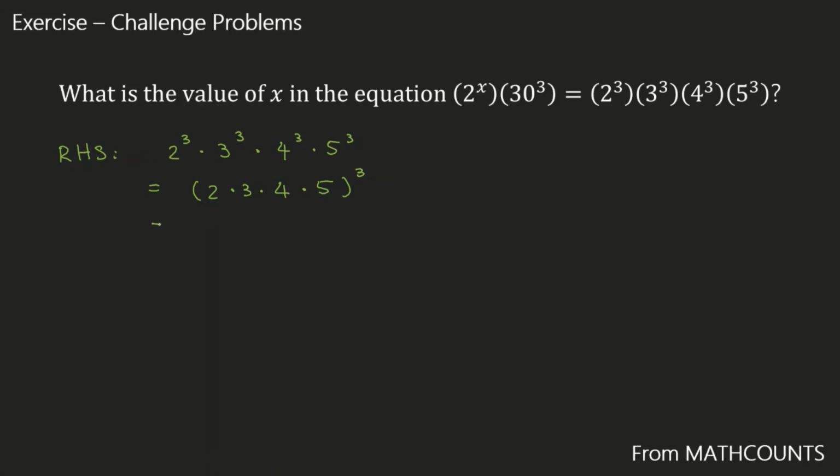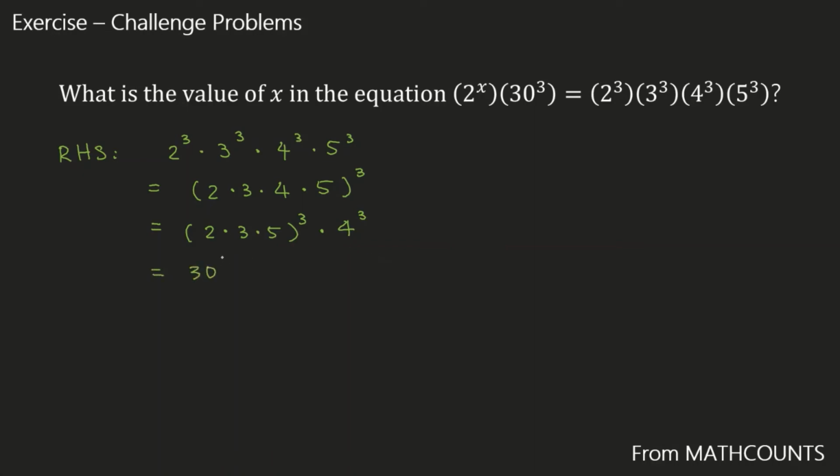You can already see that 2 times 3 times 5 is 30, so we have a base of 30 here. Let's group them together. We have 2 times 3 times 5 raised to the power of 3, and then we have 4 raised to the power of 3. That's what's left over.